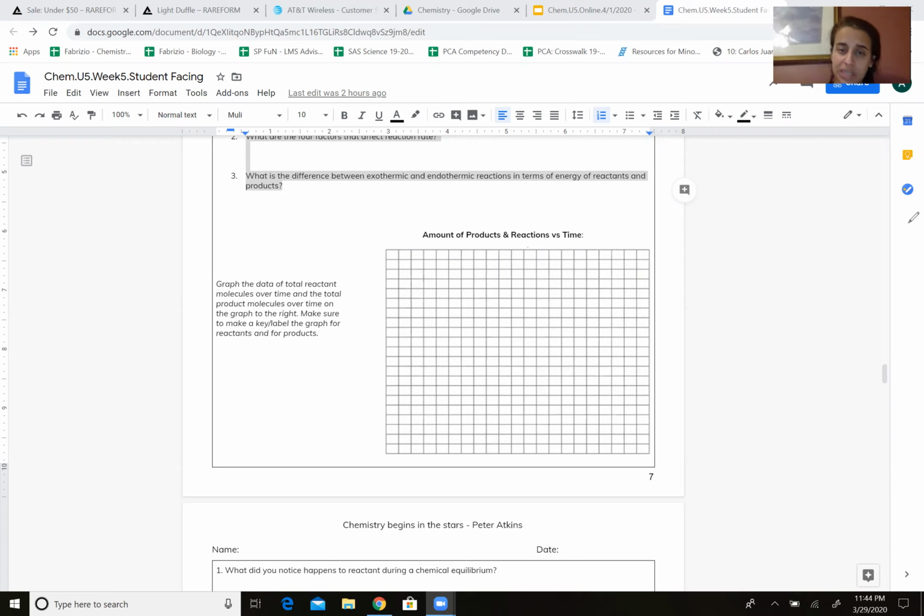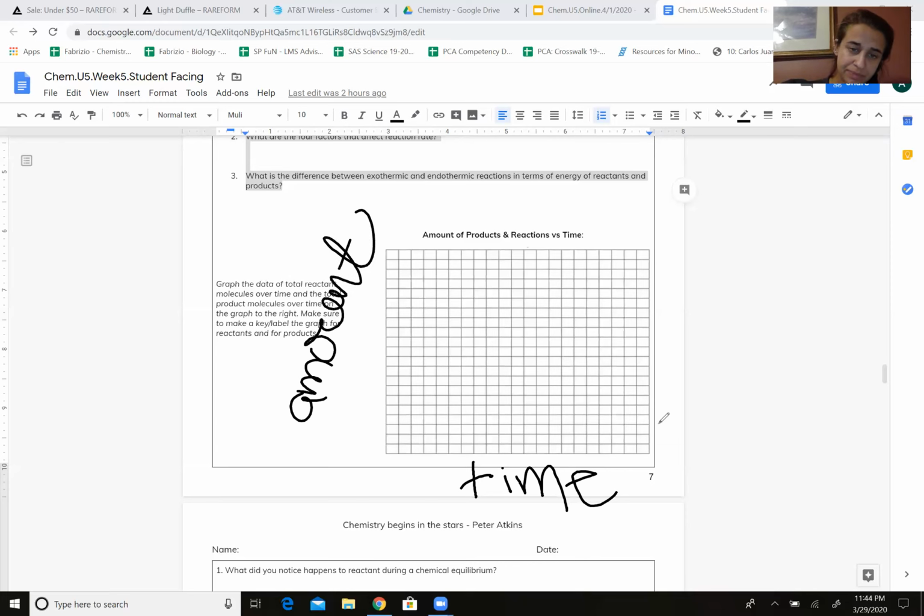So we are going to make a graph that is going to be time on the x-axis, which is this horizontal axis right here. And then we're going to make amounts, and you guys should be writing this as I write it.